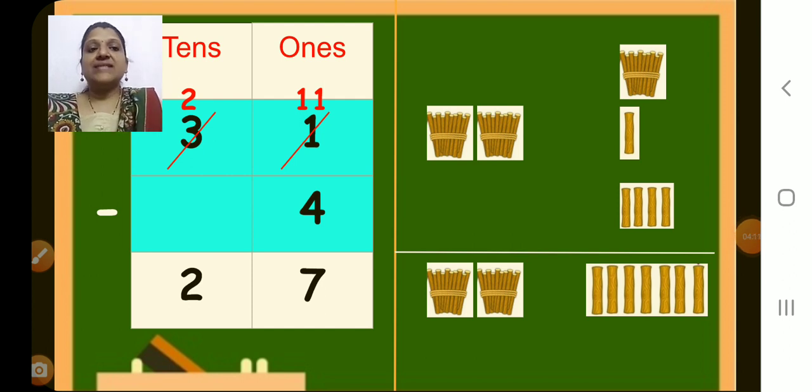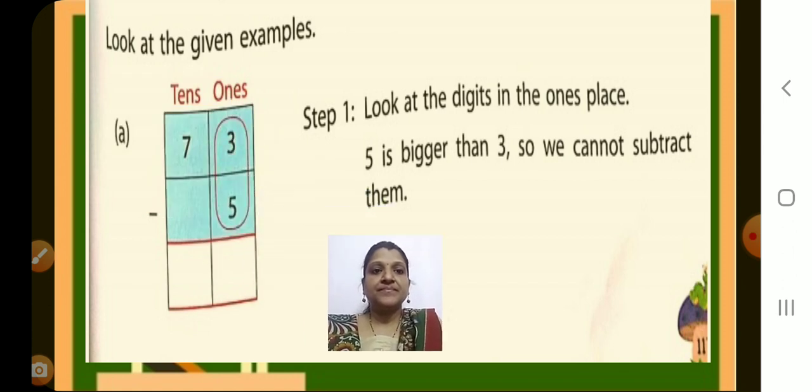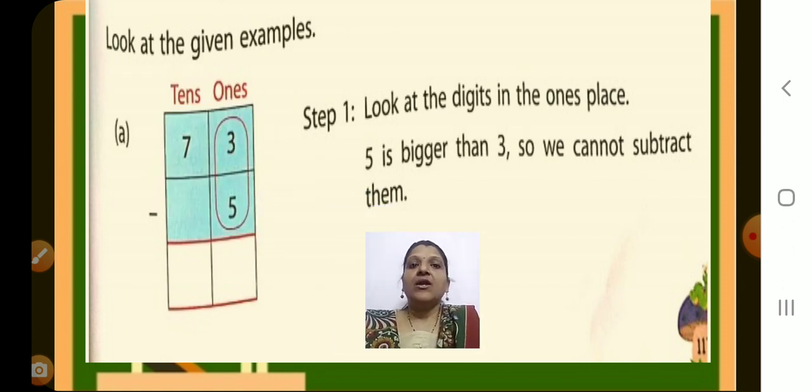Okay, let us see some more examples step by step. Let us read this. Look at the given example: 73 minus 5. Now here, step 1. Look at the digits in the ones place. 5 is bigger than 3, so we cannot subtract them.